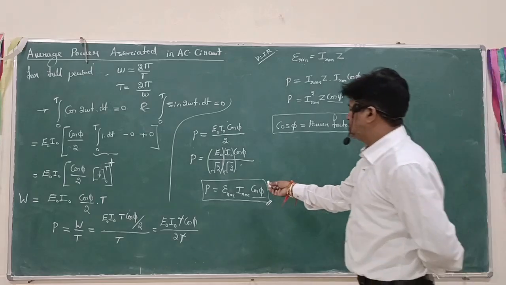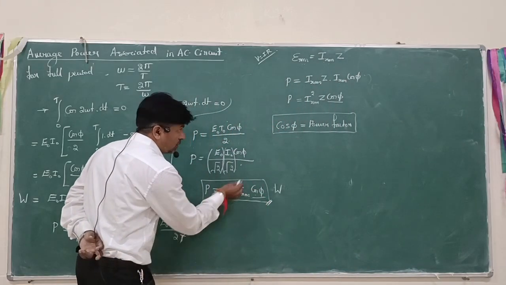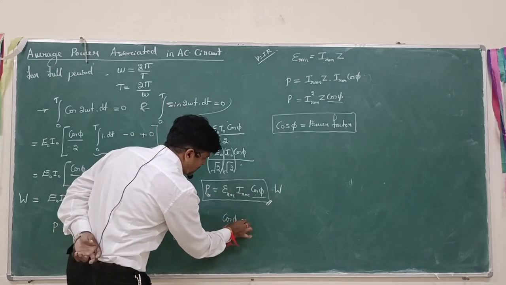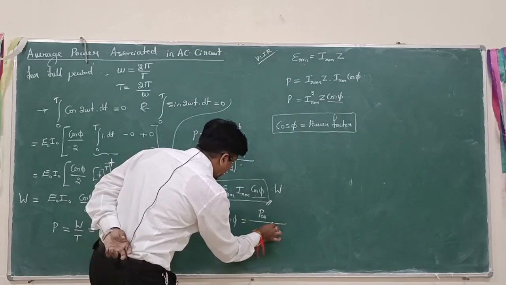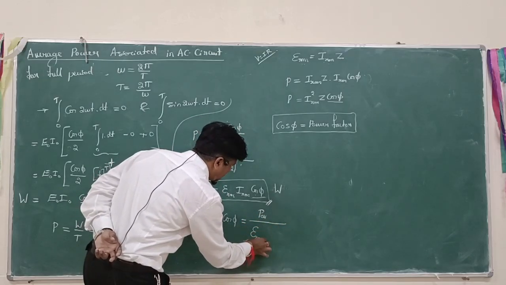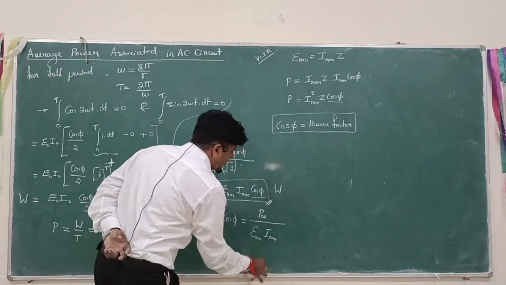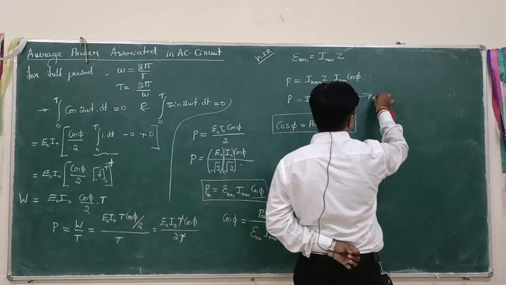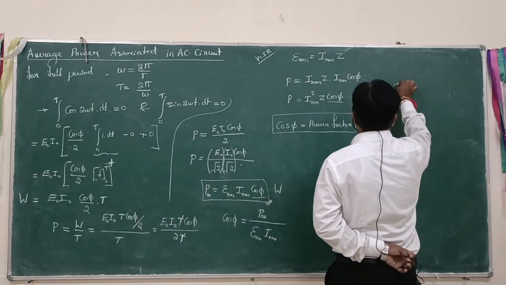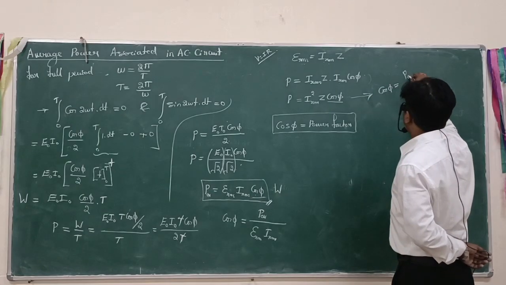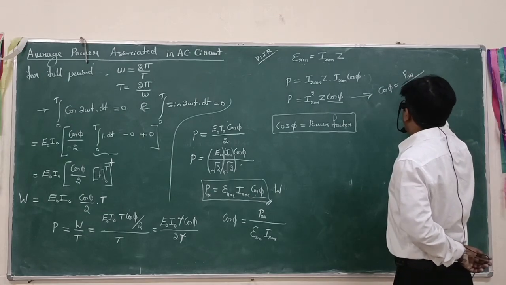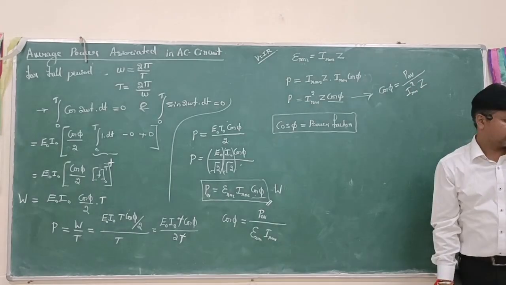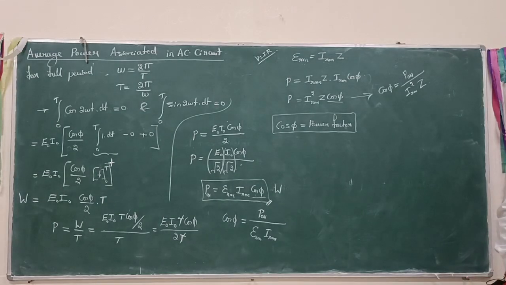Then with the help of these expressions we can write the power factor expression. This is average power. Power factor cos phi is equal to average power divided by E RMS into I RMS. Using these expressions, power factor cos phi is equal to P, average power, divided by I RMS square into impedance Z. Numerical problems are asked a lot on this power factor.